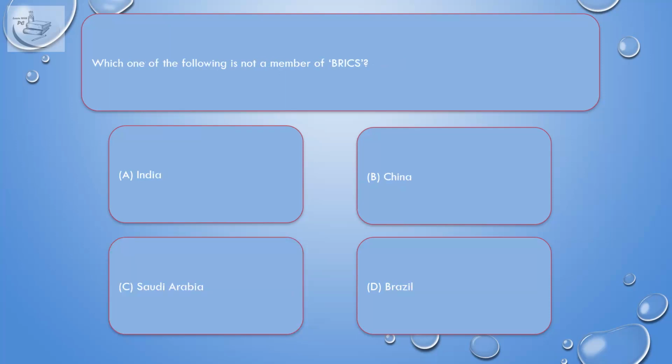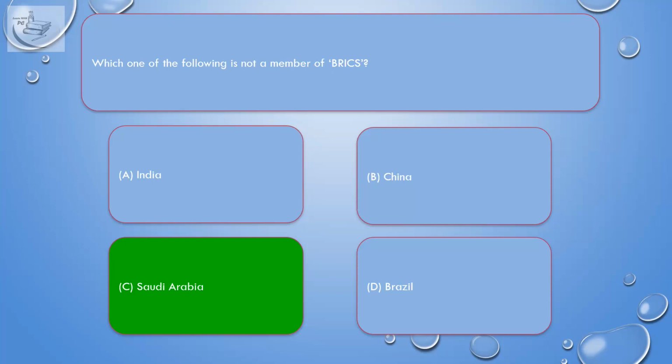Question: which one of the following is not a member of BRICS? A. India, B. China, C. Saudi Arabia, D. Brazil. Correct answer is C. Saudi Arabia.